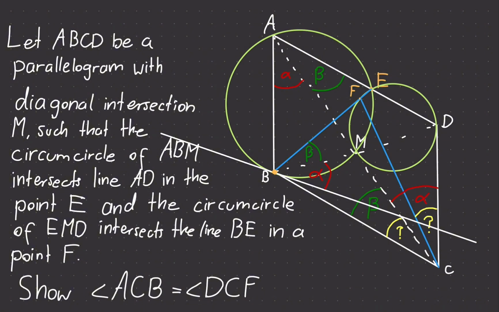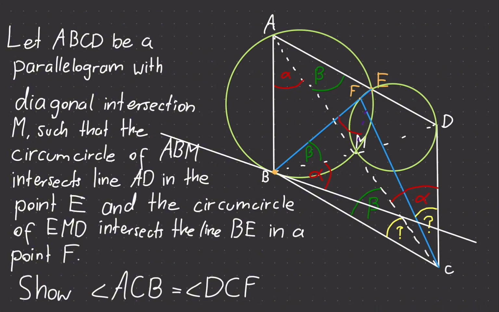And furthermore, we can use, again, the inscribed angle theorem on the big circle, ABM. I'm just going to call it the big circle, and the other one, MED, the small circle from now on. And so we can use it on the chord BM to say that BAM is the same as BEM. And so I'm going to draw an alpha also here.